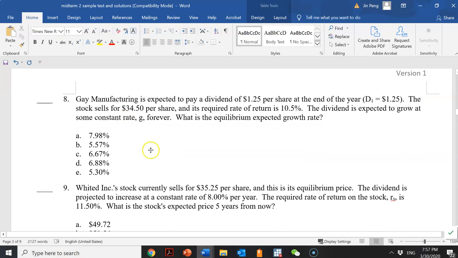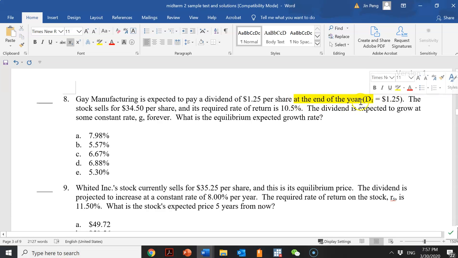Let's come to question 8. We have a firm that's expected to pay a dividend of 1.25 per share at the end of the year, which is D1.